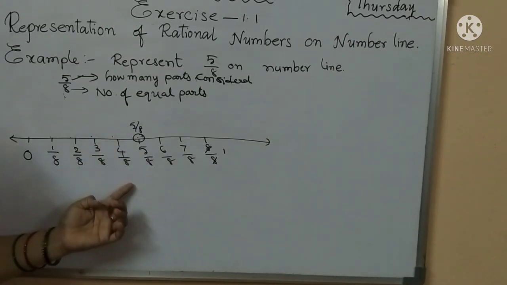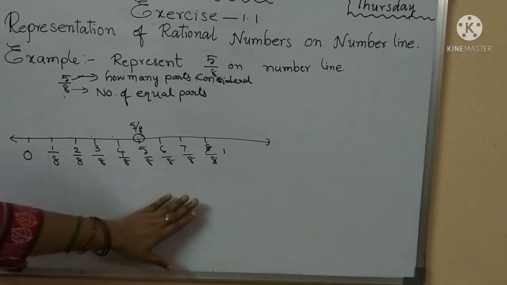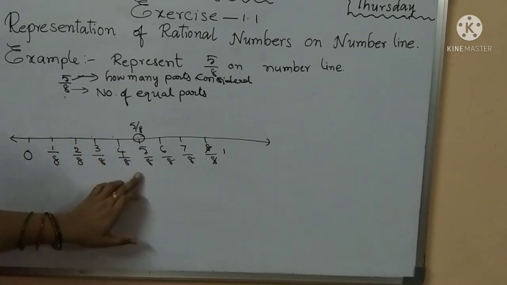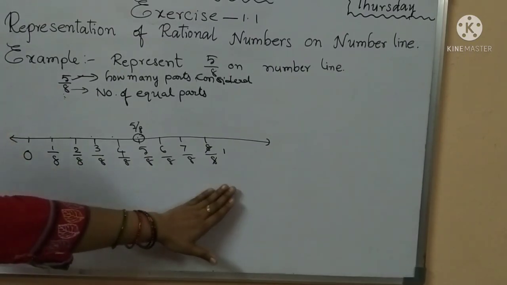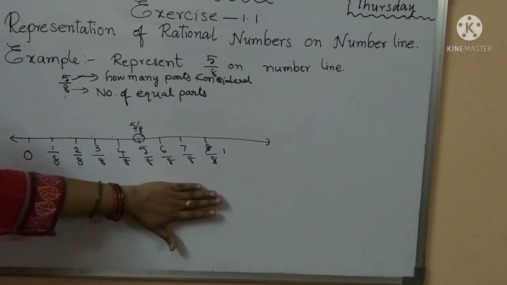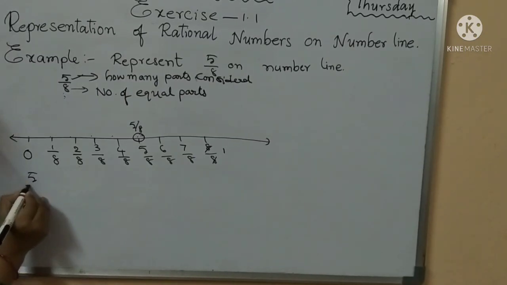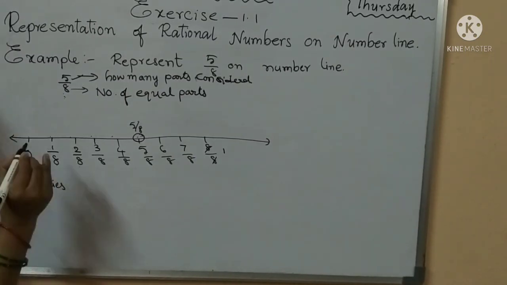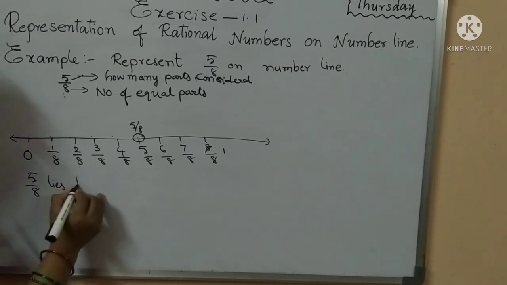It is in the middle of 0 and 1, one of the parts. Understand here? So write: 5 by 8 lies between 0 and 1.